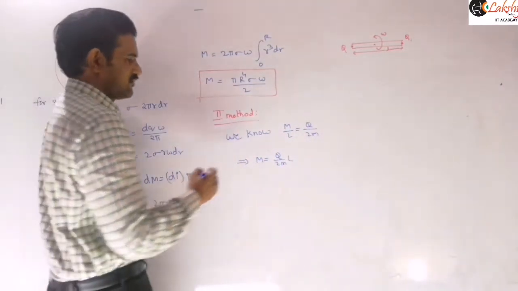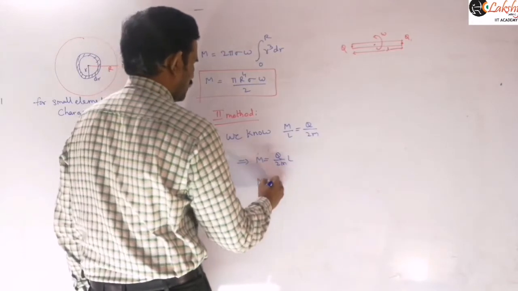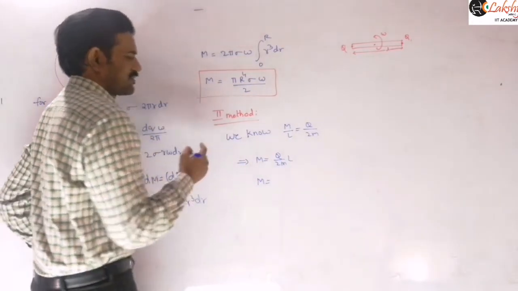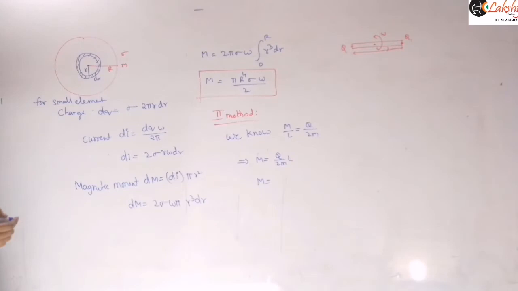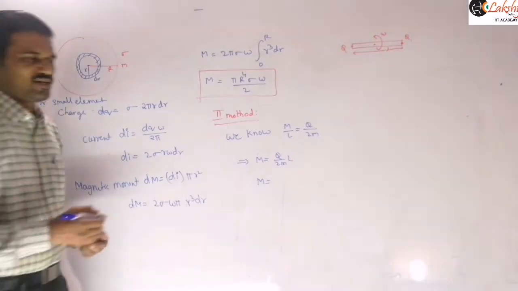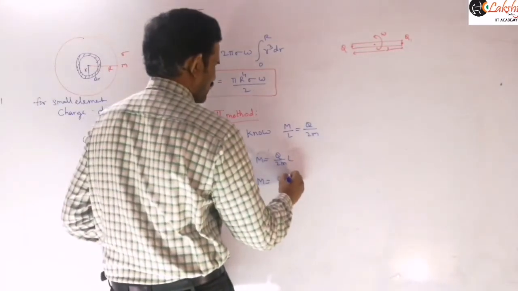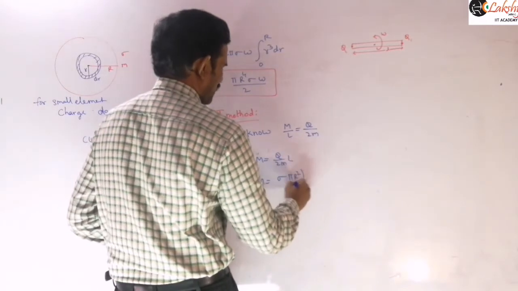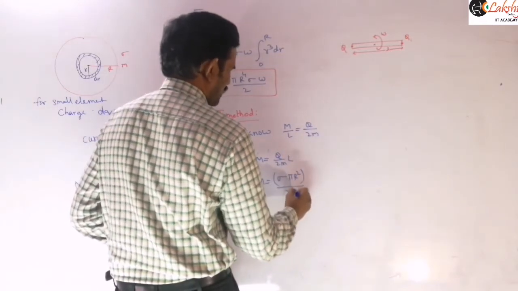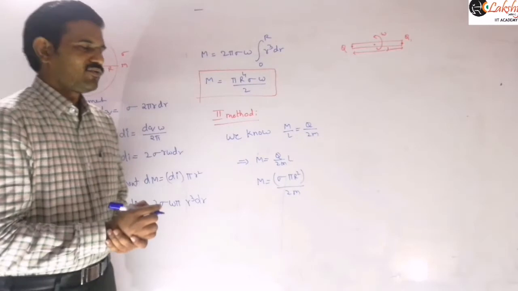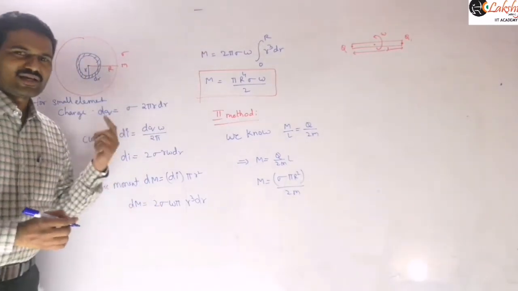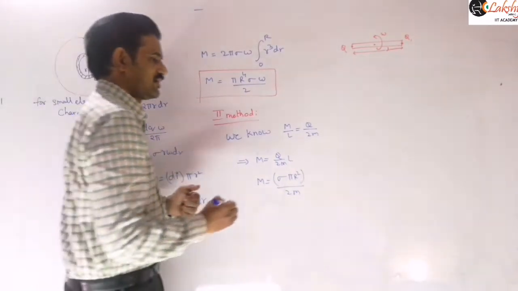where L is the angular momentum you need to write here. Now this q, sigma is given for us. So q value you can write as sigma into pi r square. So I am writing this q value as sigma into pi r square by 2m into L. That L value you need to write as I omega, where I is the moment of inertia of this disc.